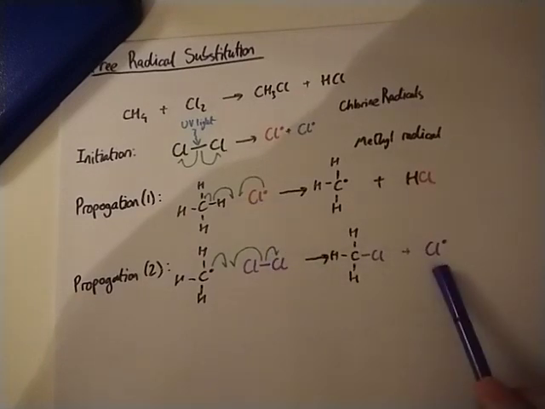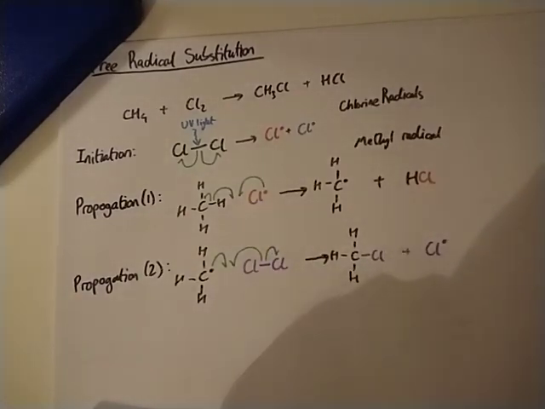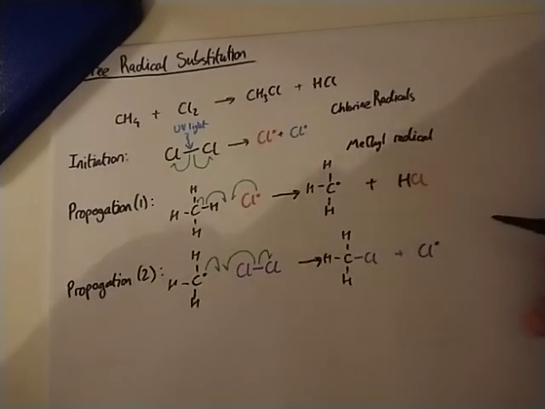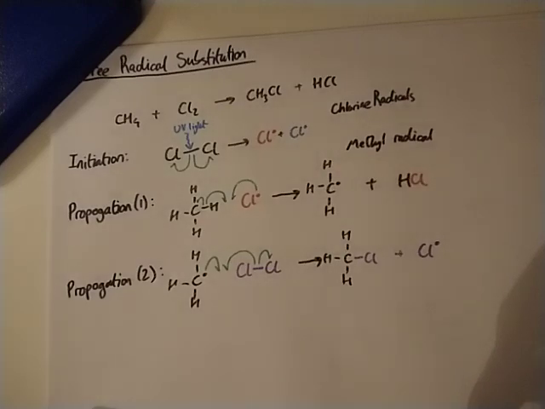That chlorine radical hasn't been used up in the reaction, but helps the reaction progress. So think back to your GCSE days. What do you call something that kind of helps a reaction go but doesn't get used up itself? The chlorine radical is a catalyst for this reaction.